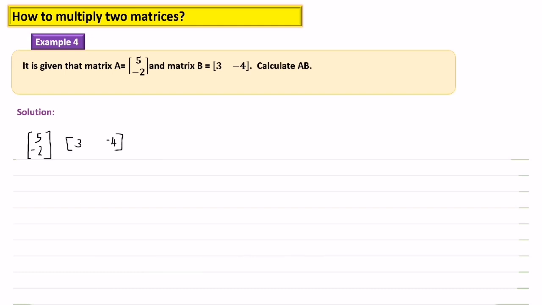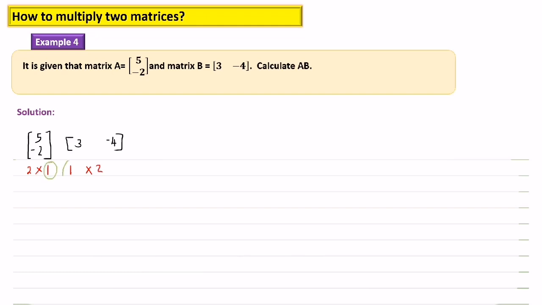Okay, so first we check the order of the matrices and determine whether these two matrices can multiply or not. The first matrix is 2 by 1. The second matrix has 1 row, 2 columns, so 1 by 2.